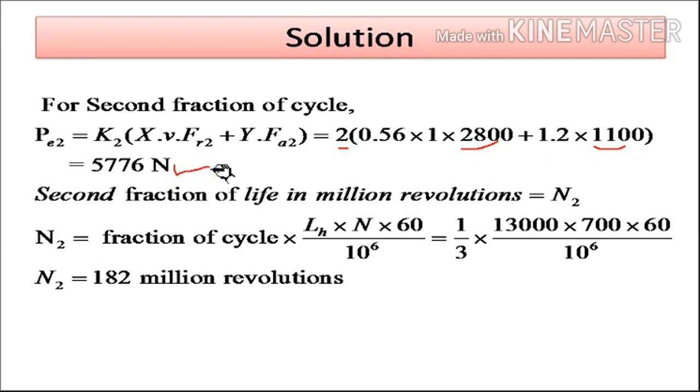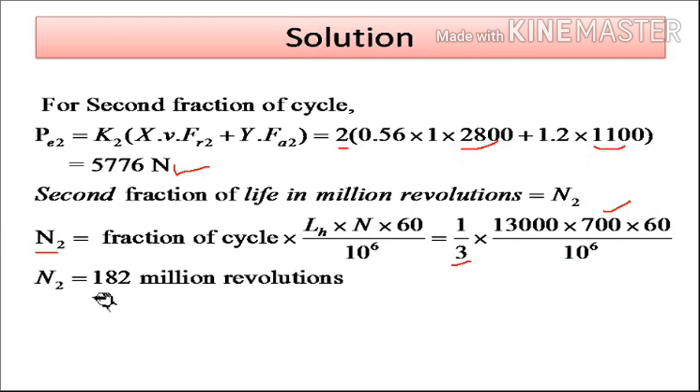Similarly, I will find out N2 now, that is second fraction of life in million revolutions. I am just changing here the fraction of cycle as 1 by 3 and the RPM as 700. Remaining things will remain as it is. So I will be getting 182 million revolutions.